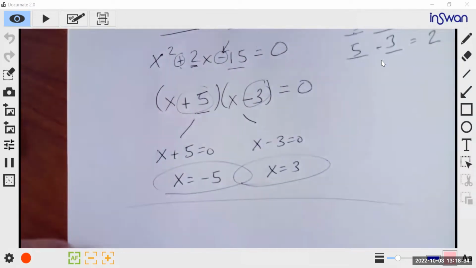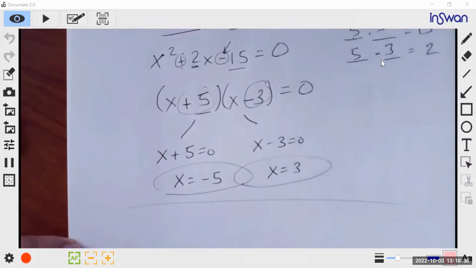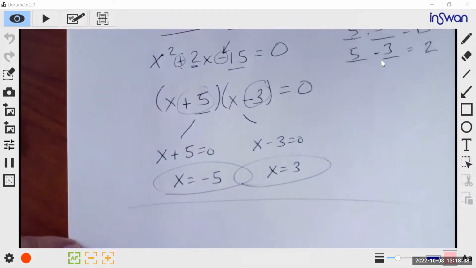All right. Let's try now a more difficult one with a lot more numbers in it.